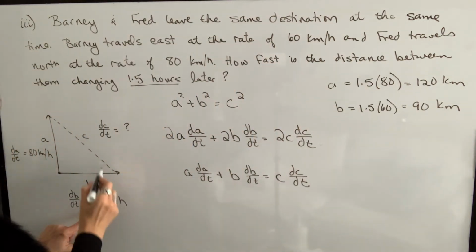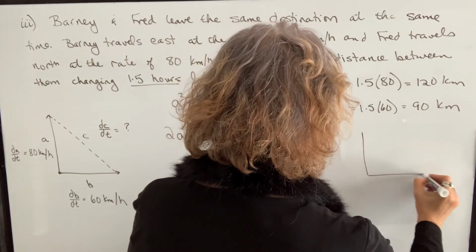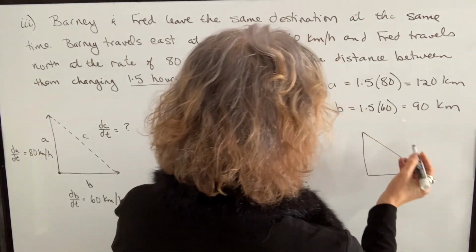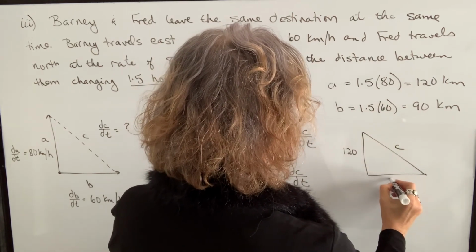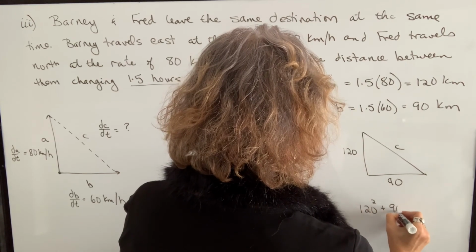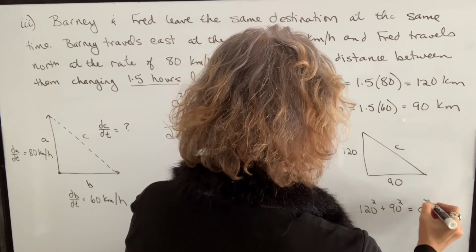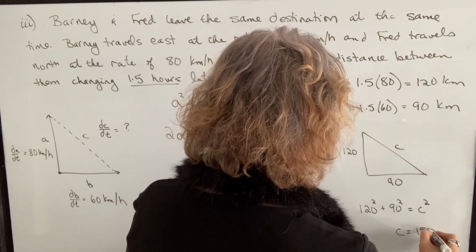And in order to find C, I use my right triangle theorem. So to find C, when A is 120 kilometers and B is 90, I plug into A squared plus B squared equals C squared, and I will get 150 kilometers.